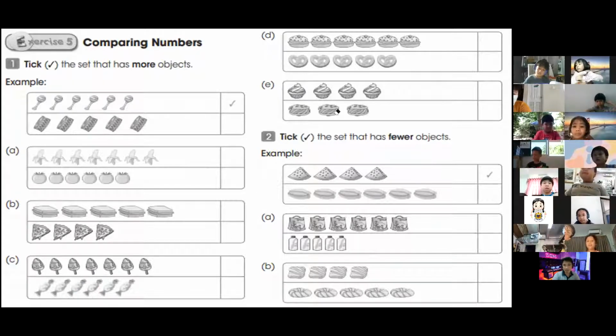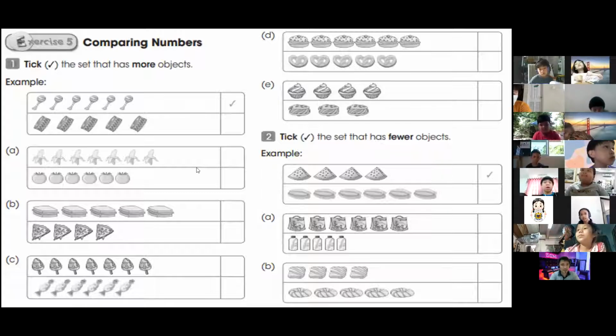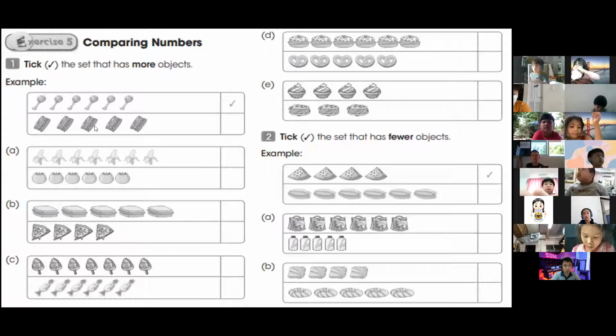Okay, it's gone now, so we can start. Now let's try to answer. In the example, if we count 1, 2, 3, 4, 5, 6, and the drums 1, 2, 3, 4, 5. So 6 is more than 5. So the tick is here.